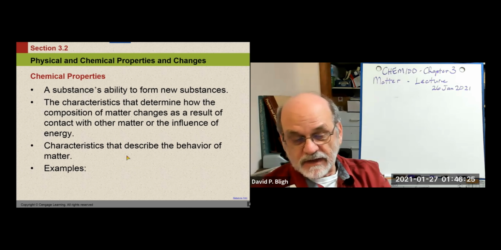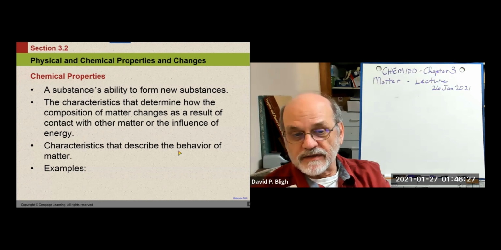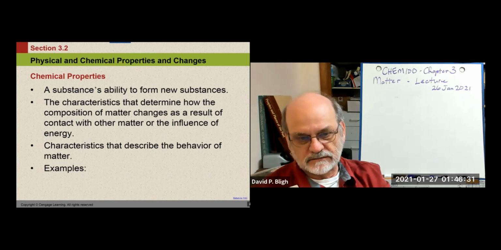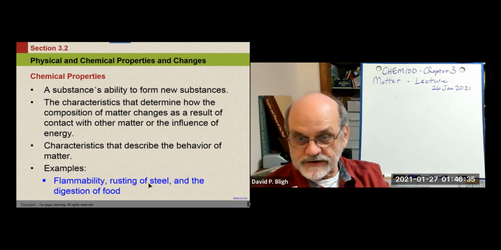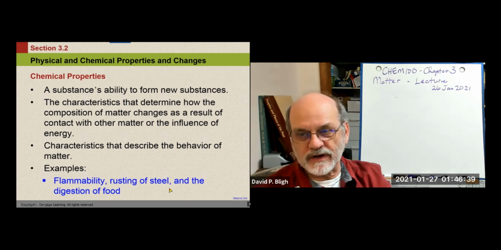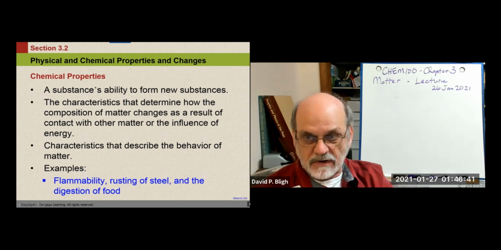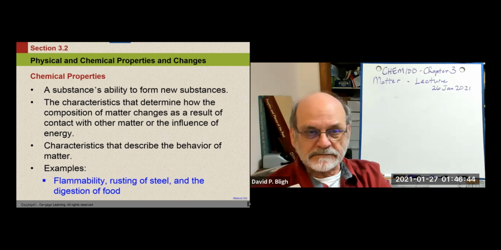That's a good statement. These characteristics describe the behavior of matter that is possible. Flammability, corrosiveness, rusting of steel, digestion of food is a chemical property of our digestive system.